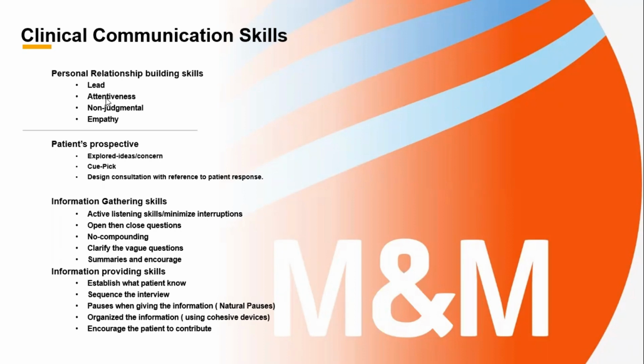That is followed by attentiveness. You must show your active listening skills. You must be non-judgmental in your response. I will discuss each and everything in detail. Then we have the empathy skill. So these are the 4 skills in the relationship building skills that you must be equipped with in order to have a good score in your speaking, right? Okay.